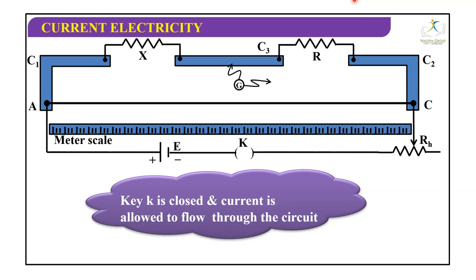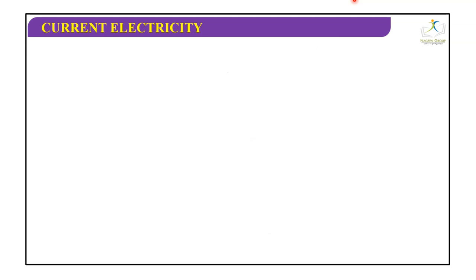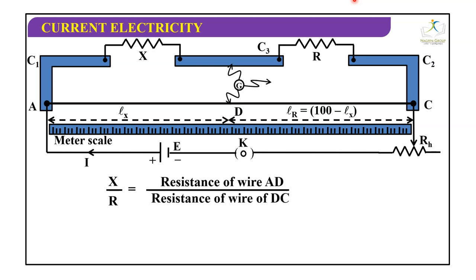The key K is closed and the current is allowed to flow through the circuit. This is the complete diagram of that. So apply the Wheatstone bridge principle over there. X by R is equal to the resistance of the wire AD over the resistance of the wire DC.